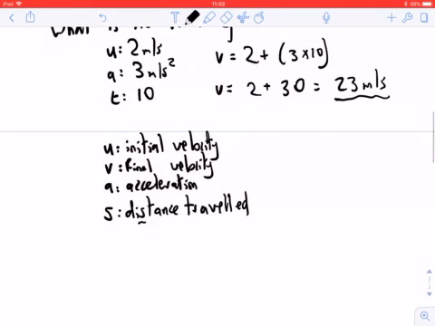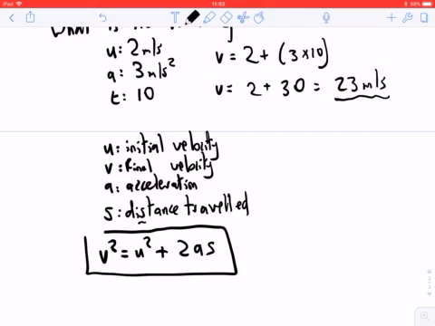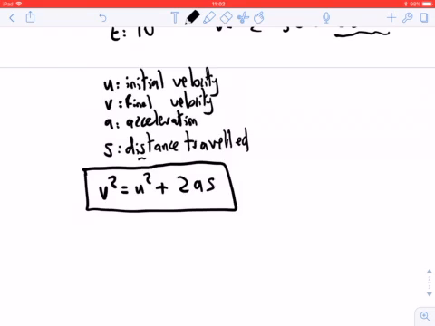And if you do a little bit of mathematics, the equation that links these variables is v squared equals u squared plus 2as. Okay, v squared equals u squared plus 2as.